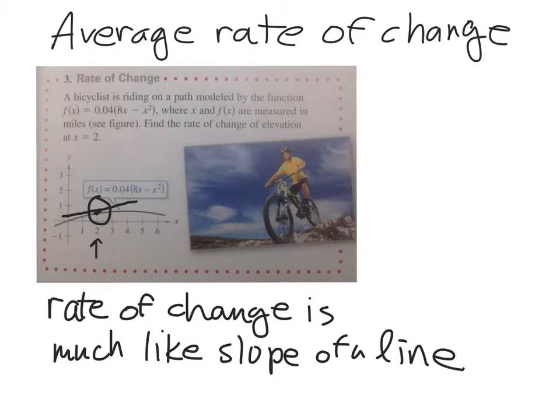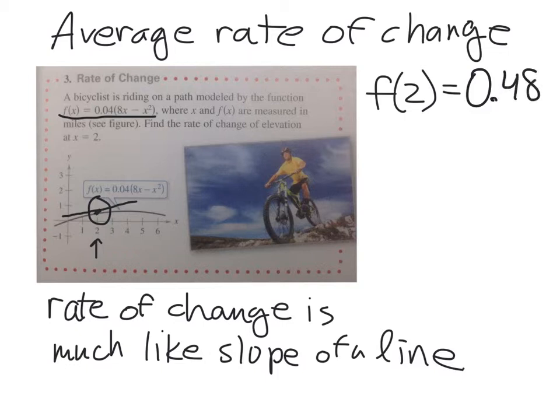Okay. On this graph, we're only looking at 1 point, which the y value when x is 2 turns out to be what? Now, you may need your calculator, I can't quite do this one in my head, but so we get a function value or a y value of 0.48.